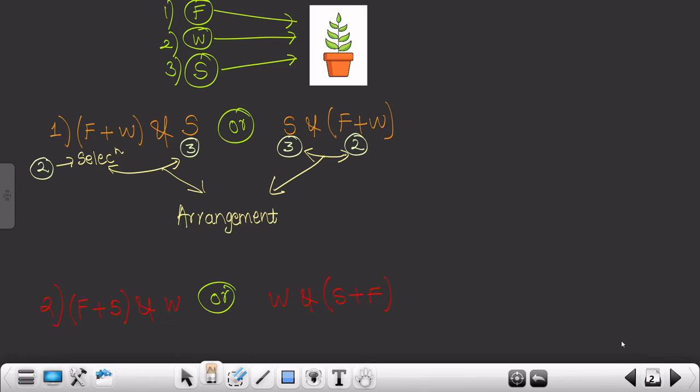Similarly, there might be many cases, like you might pour water and fertilizer in presence of sunlight, so at that moment you can take all three cases into account.